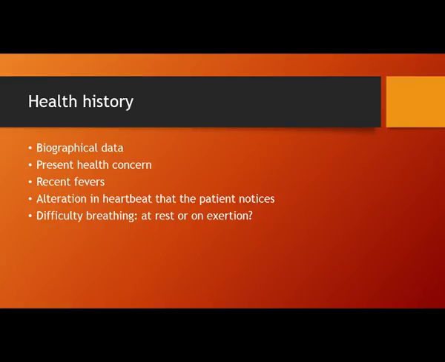If they had a fever at present or if they'd had any fevers recently. Ask about alterations in heartbeat that they notice, whether it be that they're noticing skipped beats or really pounding heartbeats or palpitations, heartbeats where you feel your heart beating, various things like that.